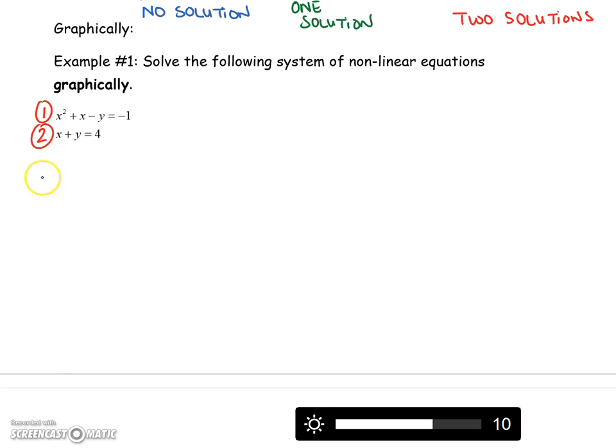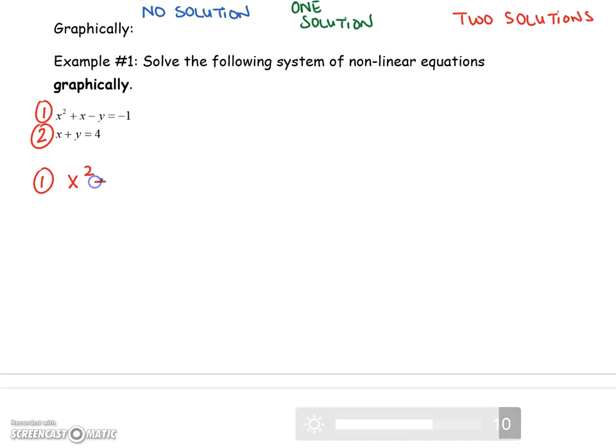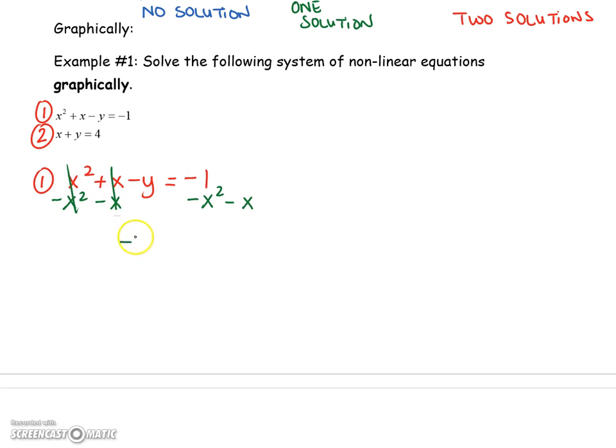So let's take the first one, and we're going to go ahead and solve for y. So I'm going to go ahead and subtract x squared and subtract x to the other side of the equation. These cancel. We're left with negative y equals negative x squared minus x minus 1.